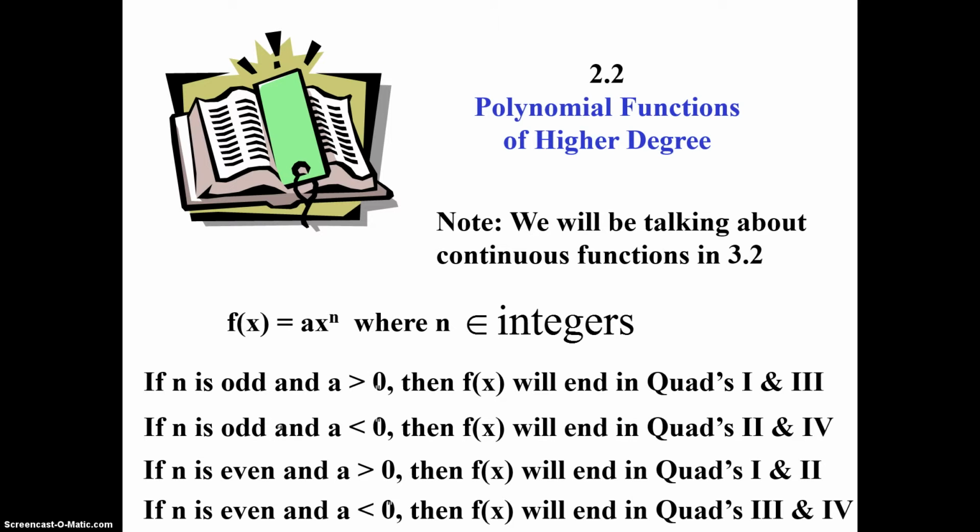I want to let you know that you already know these rules. You already definitely know them. You're just applying it to higher degree polynomial functions. You know them, but you really don't know that you're using them and actually know them. So write those down, and I will come back in a few minutes and start the lesson.